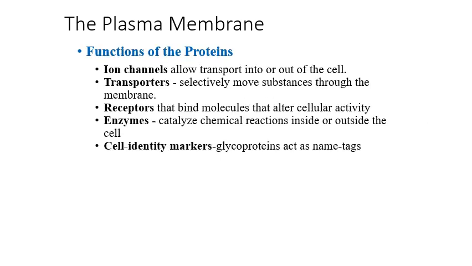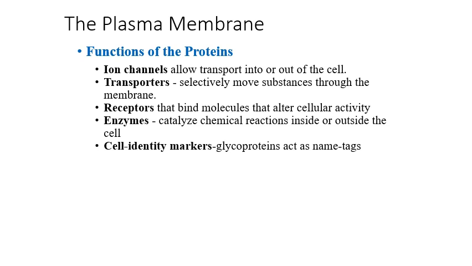All right, so those proteins have a lot of different functions. So some of the proteins act as ion channels, which means they're little doorways that are going to allow ions to move in and out of the cell. Some of them are transporters, which also move things in and out of the cell in a different way. Receptors are proteins on the surface of the cell that are going to bind, usually with hormones, to change some sort of activity inside the cell.